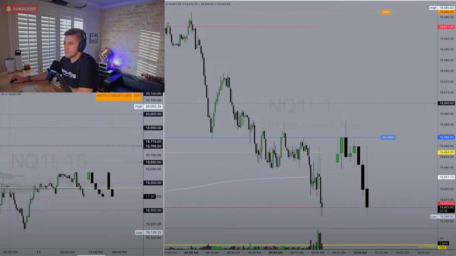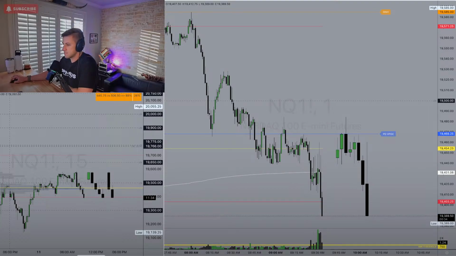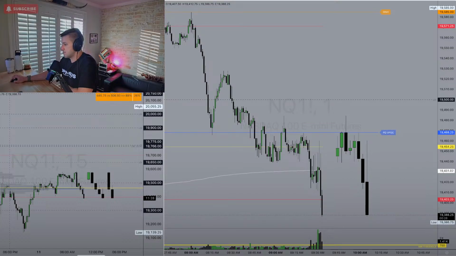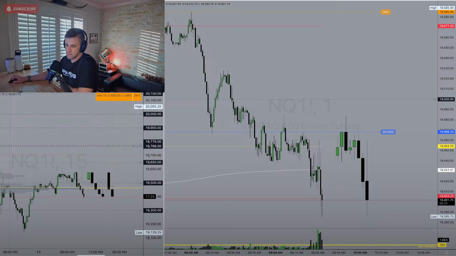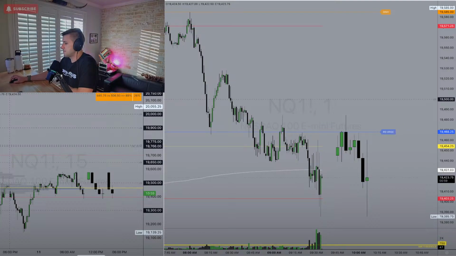NQ coming into the session low. Not much to do just yet.